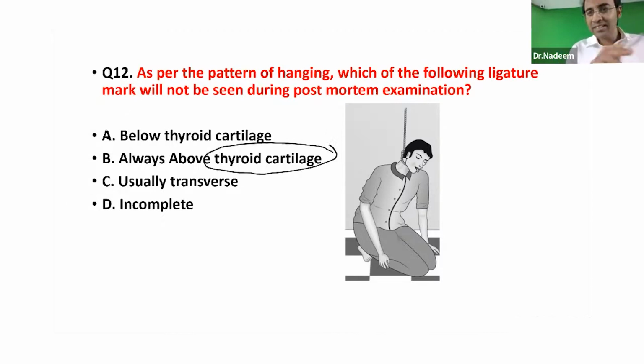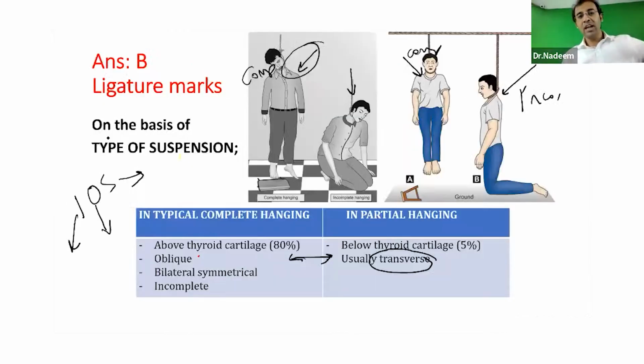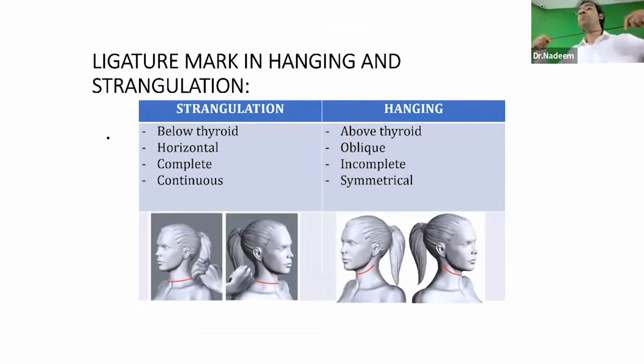Now they will be asking you in this manner, how to differentiate hanging and strangulation. Hanging means like this: oblique, suprathyroid, and incomplete here. Fine, no? But if someone is standing behind me and ligates me like this, this one is a strangulation. There, first of all, the ligature mark will be a complete circle.